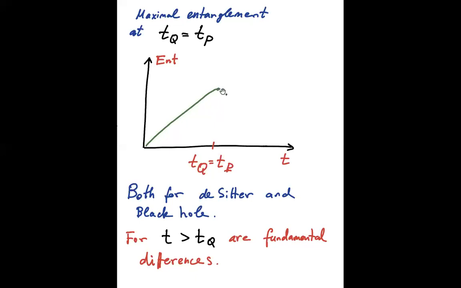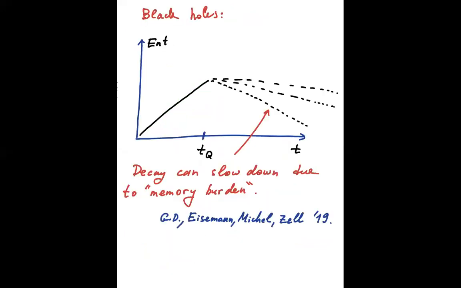Entanglement grows in both, it reaches a maximum, but the difference comes beyond quantum break time. And beyond quantum break time, for black holes, this is also very important, this is brought by the corpuscular picture. The corpuscular picture is telling us that beyond quantum break time, after losing half of its mass, black hole decay can no longer be described by the Hawking process, even approximately.